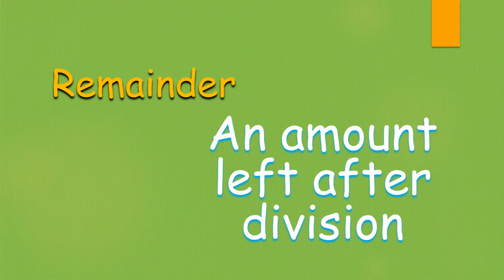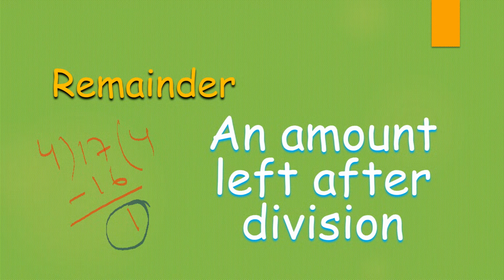Remainder, an amount left after division, that is our remainder, right? Suppose 17 divided by 4, 4 fours are 16, subtract it, we get 1. It would be, 1 is your remainder.